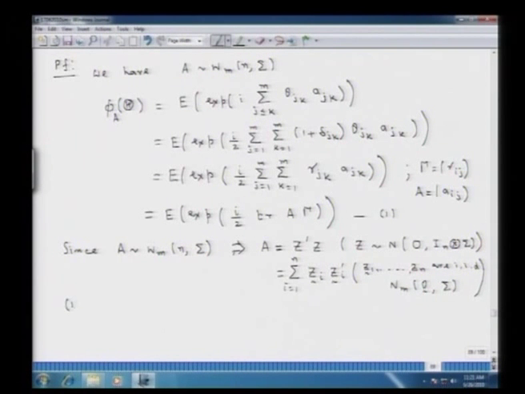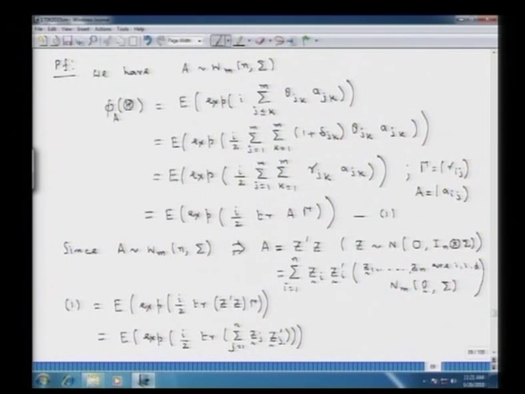Now, this will lead one to the following. We can write this as the expectation of e to the power i by 2 trace of, in place of A, Z transpose Z times this gamma matrix, or we can write that equivalently in terms of these Z vectors as the expectation of e to the power i by 2 trace of the summation j equal to 1 to n of Zj Zj prime, times gamma. I use j here because i is the imaginary number, which is the square root of minus 1.